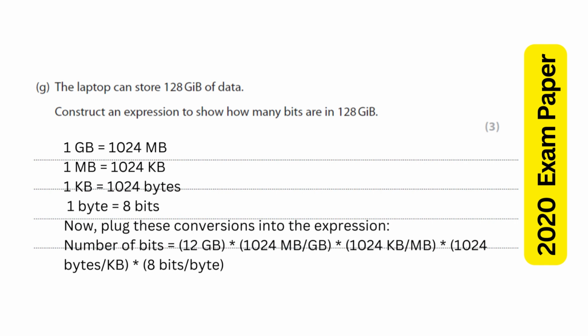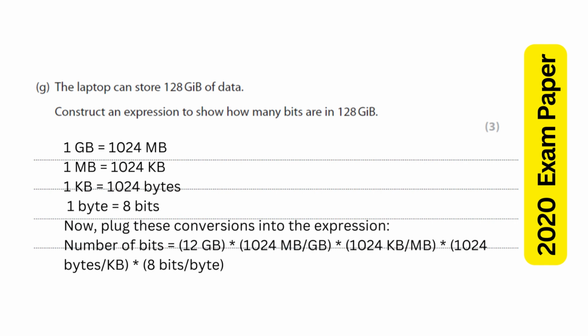Now we need to do the conversion into the expression. So number of bits equals the amount given, which is 128. Ideally, this should be 128 multiplied by 1024 to convert it to MB, and then again multiply by 1024 to convert it to KB, and again multiply by 1024 to make it bytes, and again multiply by 8 to convert the bytes into bits.